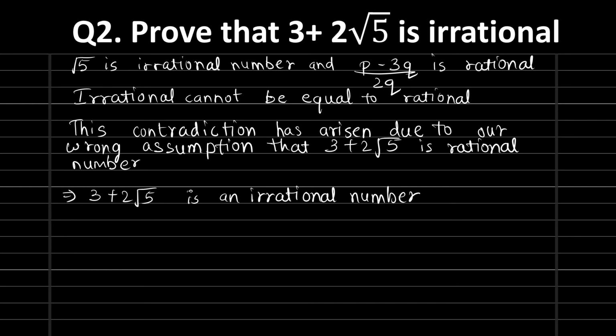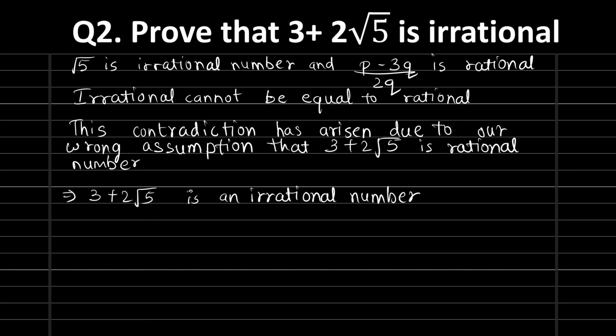So, this was the method of contradiction. What did we observe here? Initially, we assumed 3 plus 2 root 5 as a rational number, where it can be expressed in the form of p by q, and HCF of p and q should be equal to 1. After solving it, at a certain point we got left hand side as an irrational number, which is root 5, and right hand side as a rational number, which is p minus 3q upon 2q.